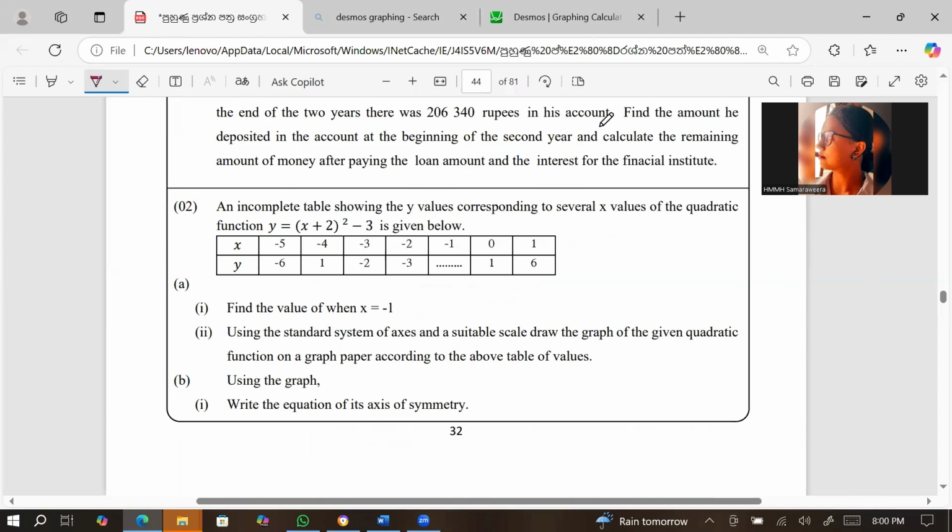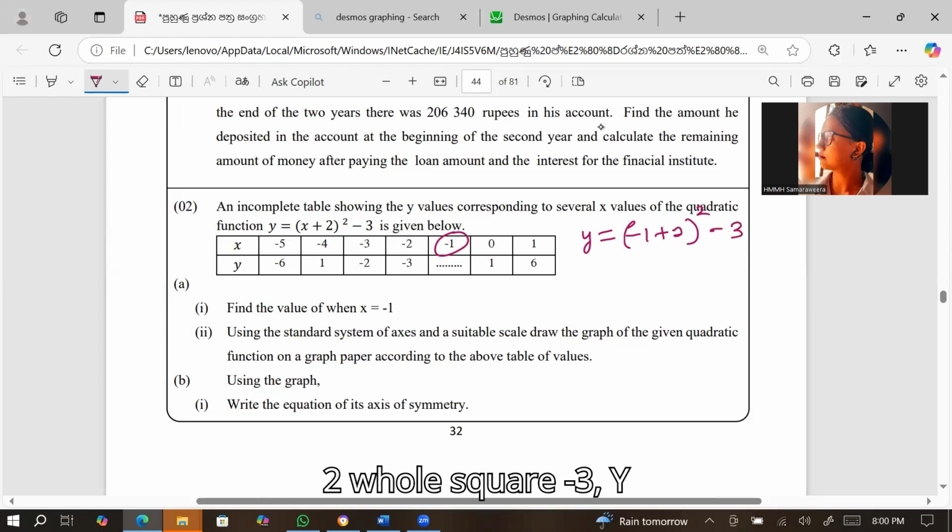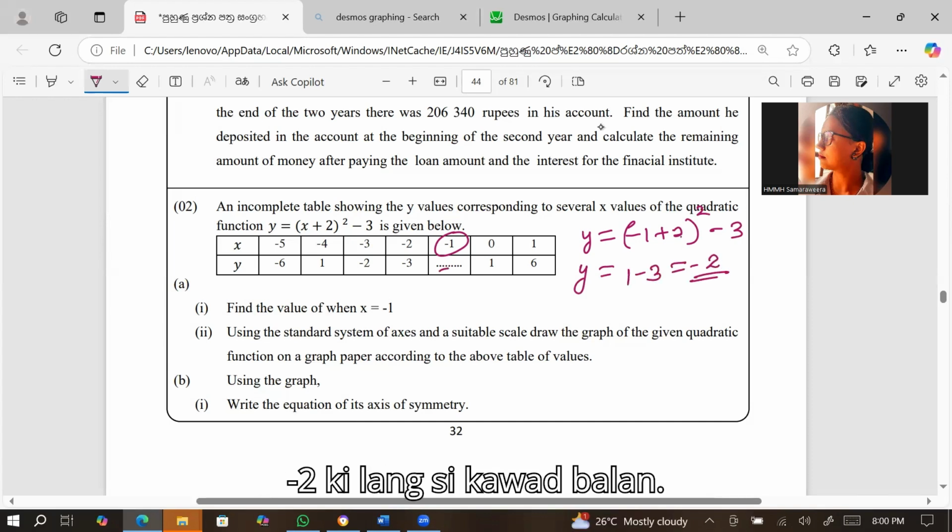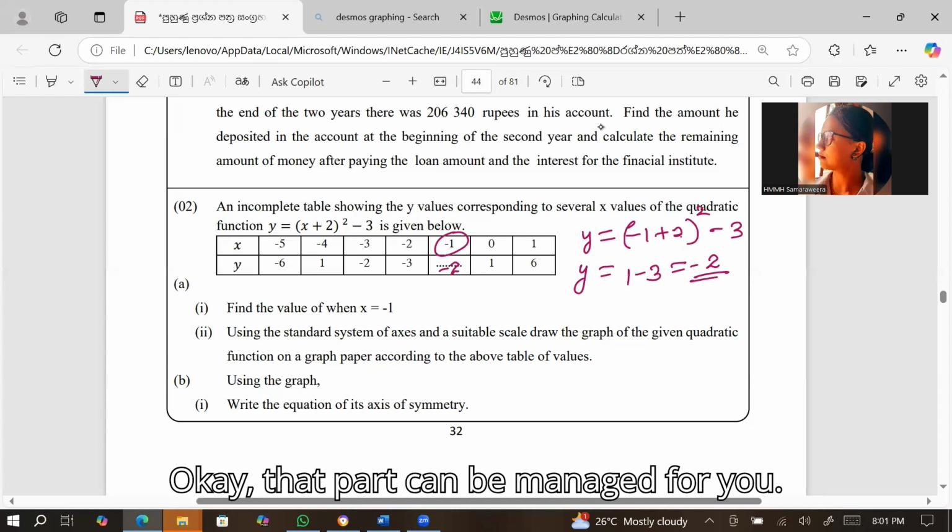So y equals (x plus 2) all squared minus 3. y equals (-1 plus 2) squared, 1 squared is 1, minus 3 equals -2, right? See whether you got -2 as the answer. Okay, that part can be managed for you.